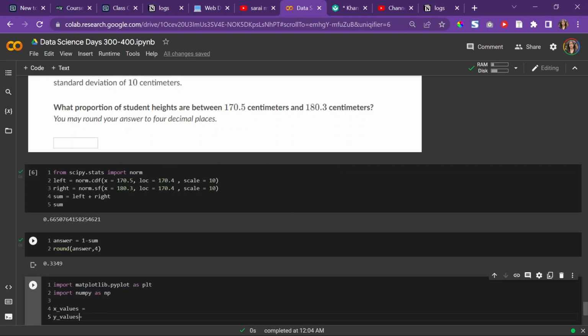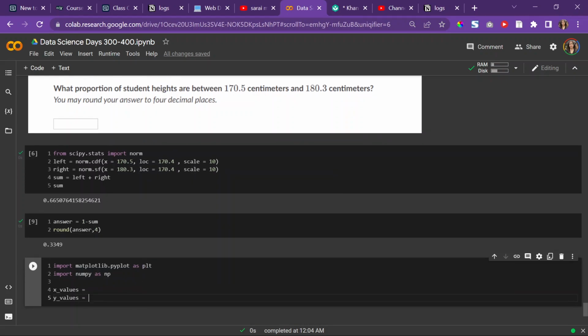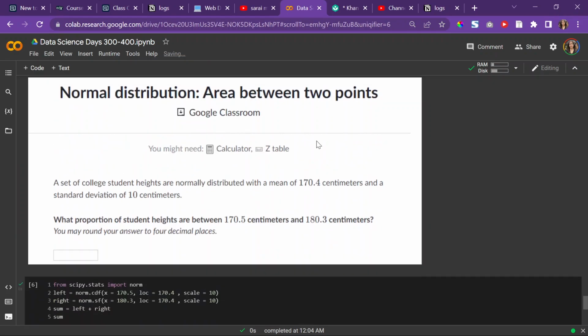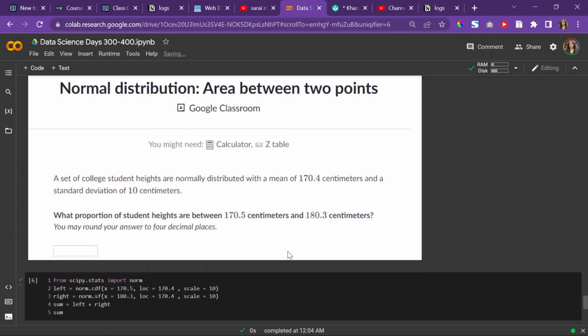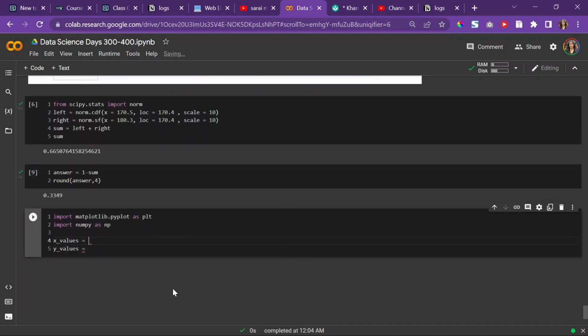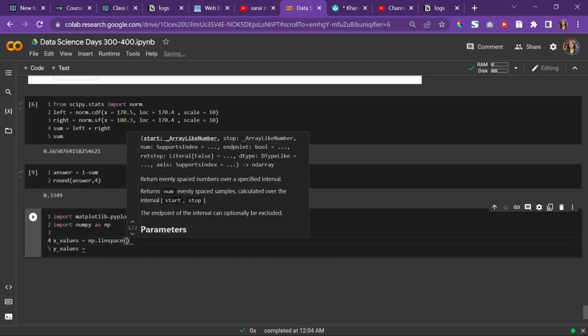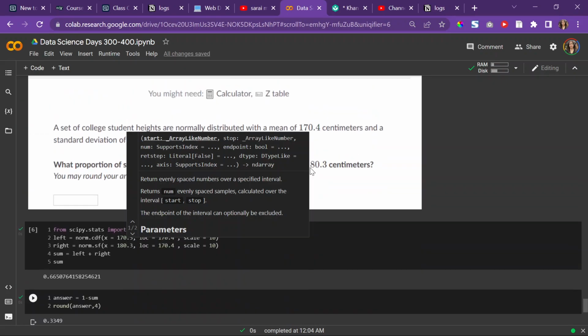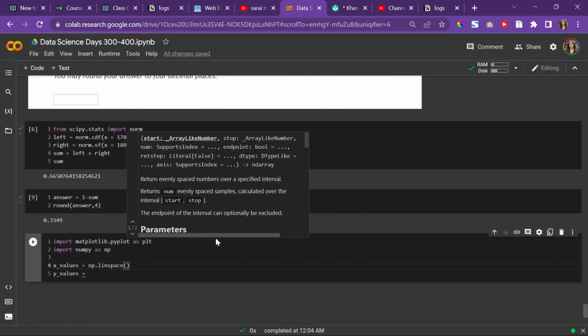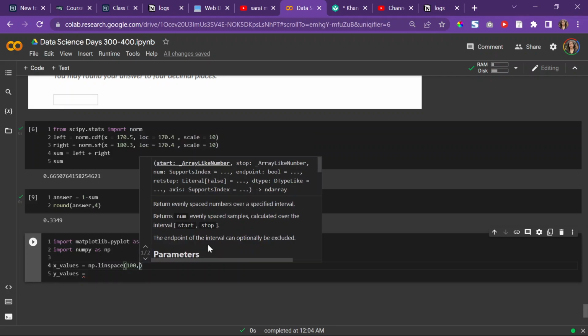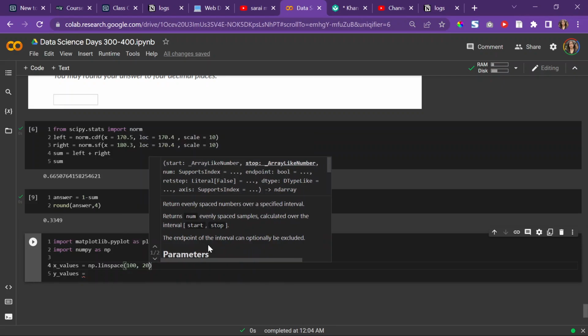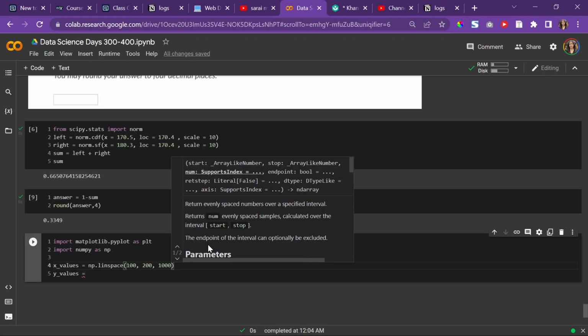So in a normal distribution, your x values can pretty much be anything that's surrounding your mean. And so if I know that my mean, my average, is 170.4 centimeters, then I'm just going to have to use this function linspace that takes in 3 values. So it takes in starting point, ending point, and how many points or values in between. So if again I know that my mean is 170.4, then maybe I want to do something like 100 to start, and then maybe something like 200 to end, and then have like 1,000 values in between.